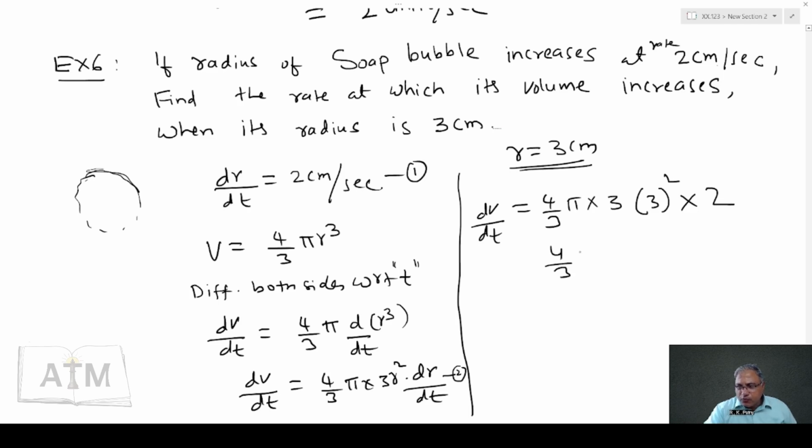So 4 by 3 pi into 3 into 9 into 2, this and this get cancelled, equals 72 pi. So dv by dt, the rate of change of volume, is 72 pi centimeter cube per second. This is the required solution.